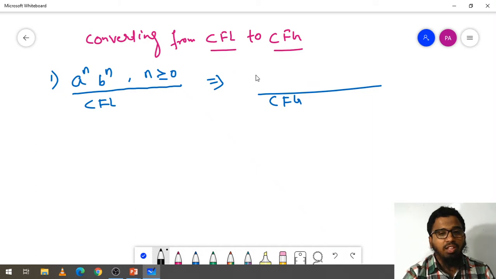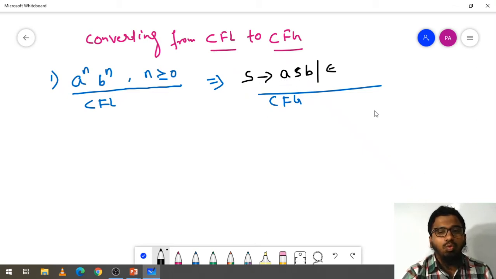So how to make the grammar? The grammar is S gives small a S B, and here we also need to write epsilon. How can we say this is a correct grammar?